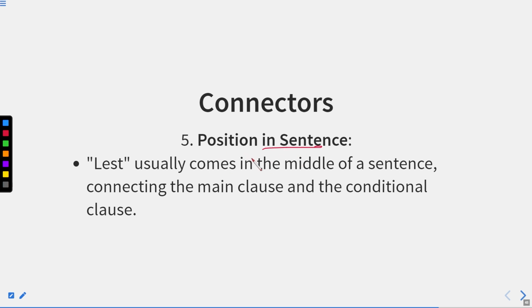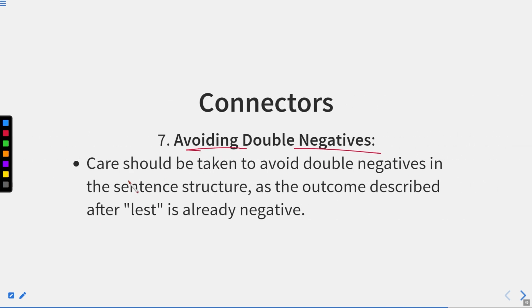Position in a sentence: though in many competitive exams, these punctuations can be avoided. Lest usually comes in the middle of a sentence, connecting the main clause and the conditional clause. Avoiding double negatives: care should be taken to avoid double negatives in the sentence structure, as the outcome described after lest is already negative.